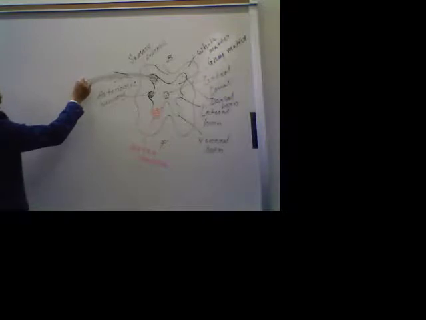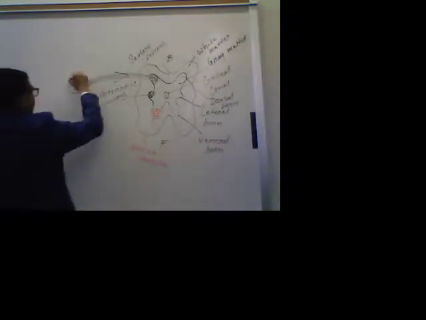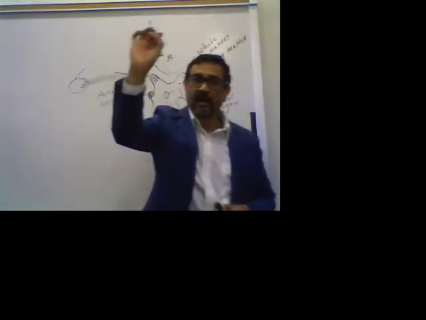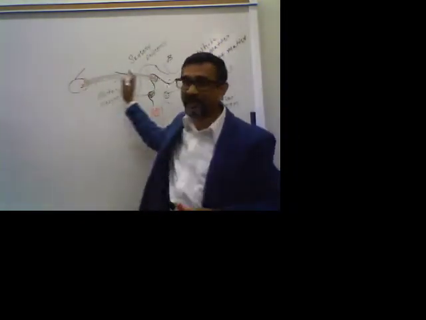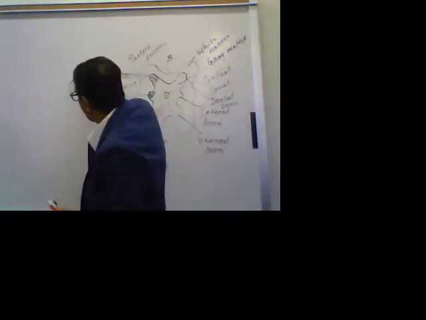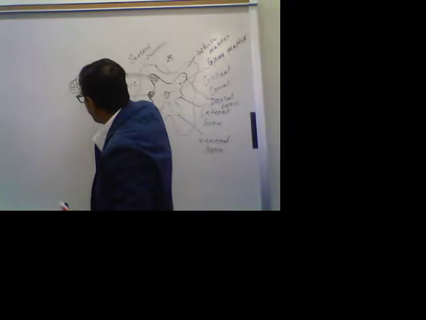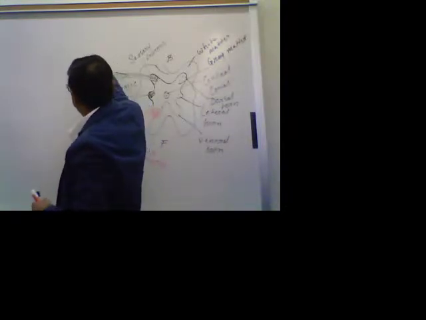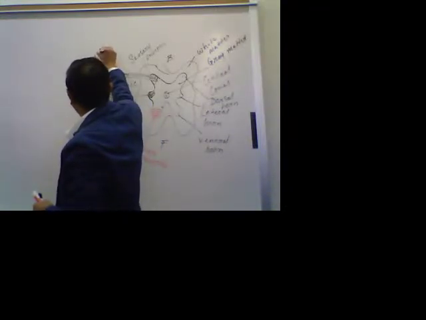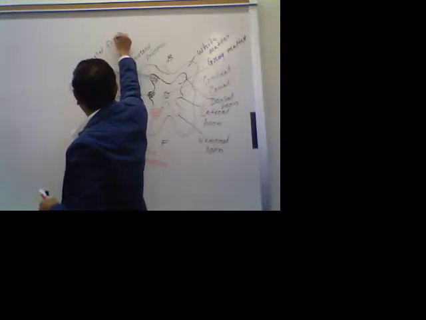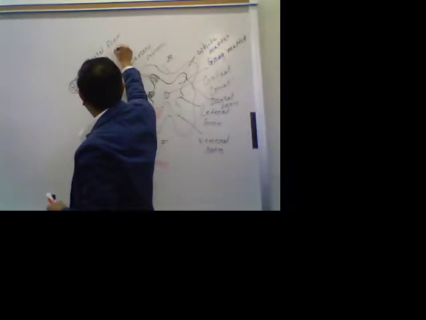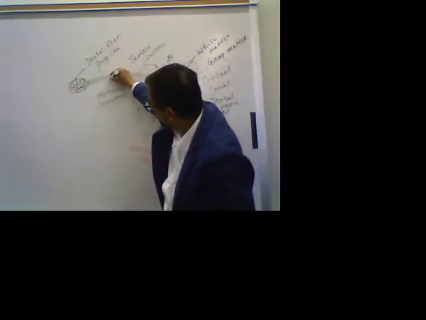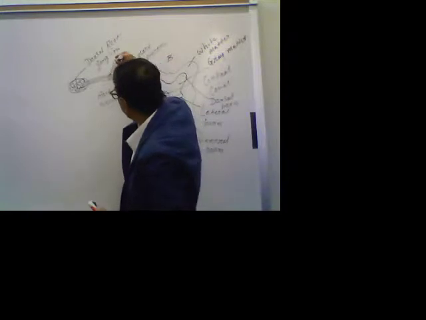Okay, and here you have a ganglion. Ganglion is a round structure in the peripheral nervous system, that means outside of the central nervous system, where you have the cell bodies, the neurons. This is called dorsal root ganglion. And this bundle of sensory fibers is called dorsal root.